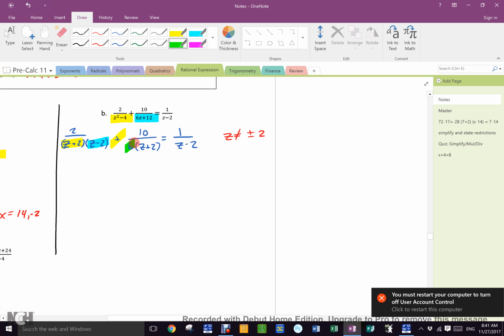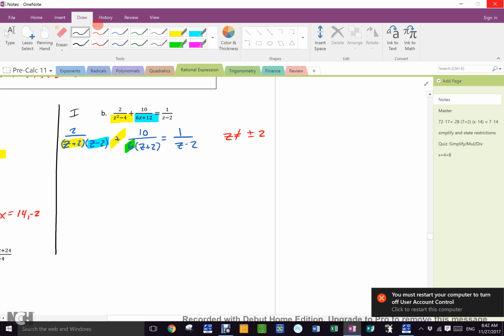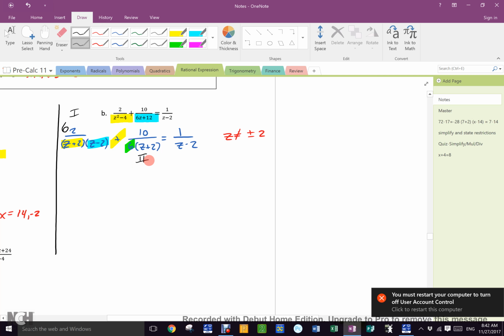Everyone agree? Okay. What do I have in term 1? Do I have the z plus 2, the z minus 2, and the 6? No. What is the only thing missing from the first term? The 6. So what must multiply over here? 6. Excellent. What about the second term? What do I have? In the second term, I need z minus 2, don't I?